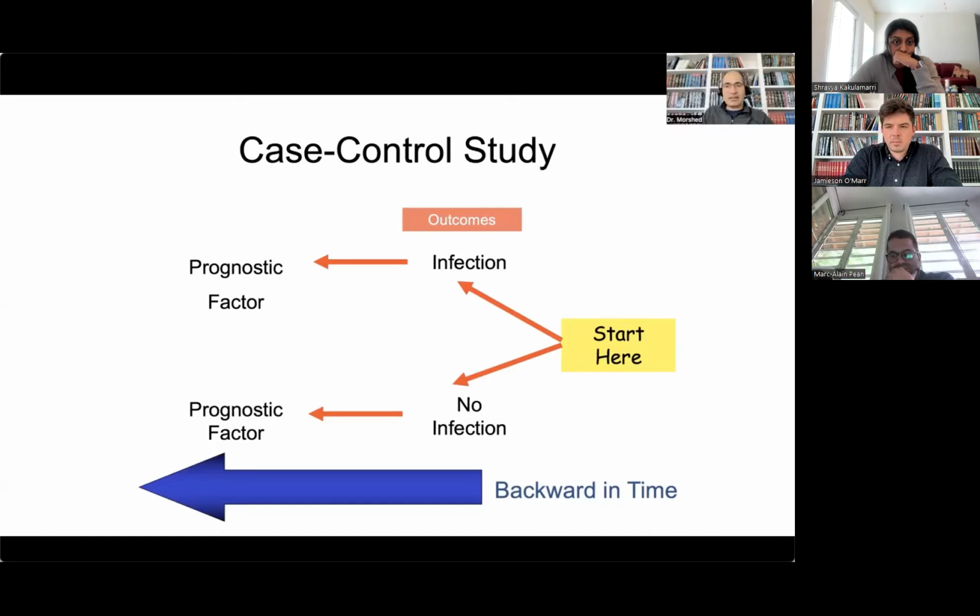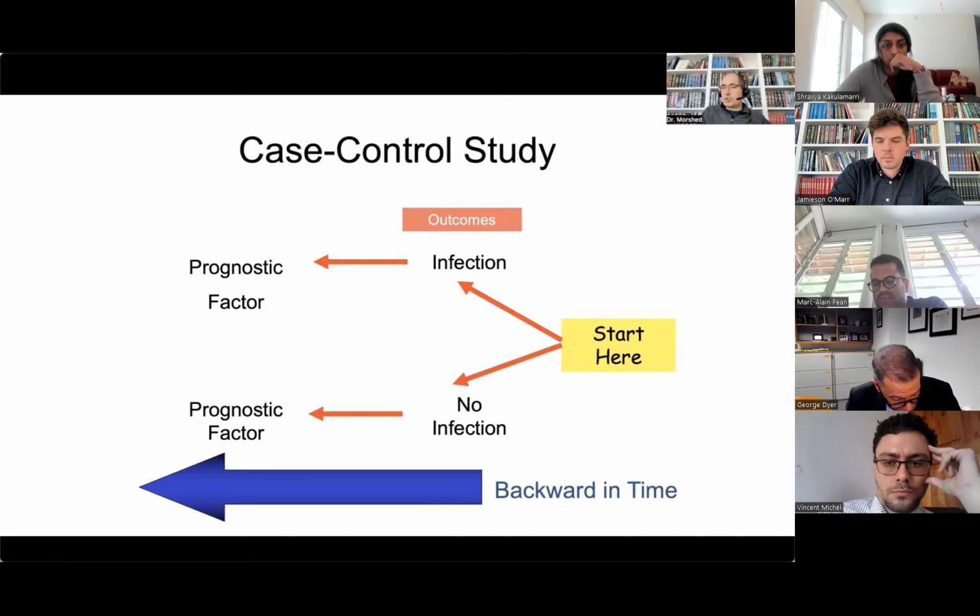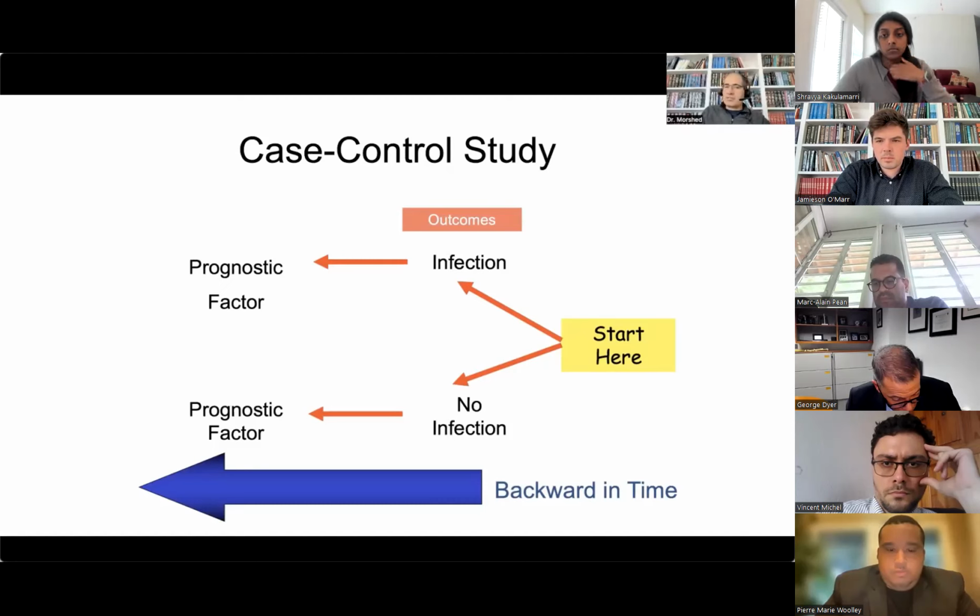Okay, so we're looking for the infection outcomes, and for each patient with an infection, we identify patients who didn't develop an infection and try to understand the differences in their exposure profile to try to understand prognostic factors that put patients at risk for infection.